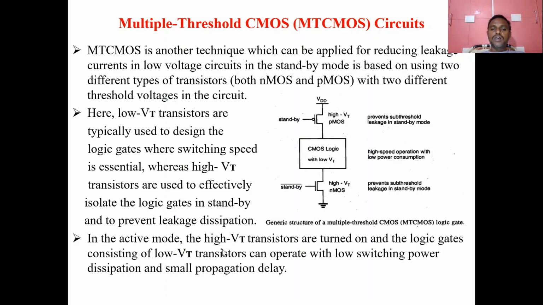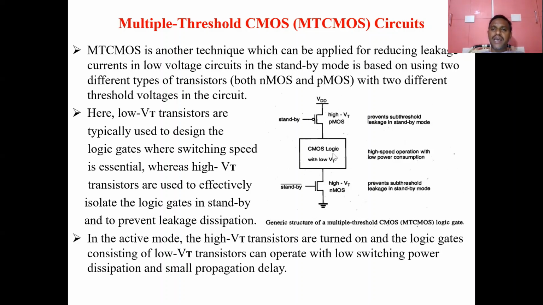In active mode, the high threshold voltage transistors are turned on, and if these two transistors are turned on, they will supply the voltage or the power to this CMOS or low threshold voltage CMOS logic.